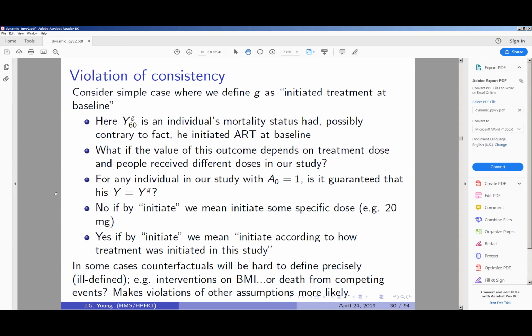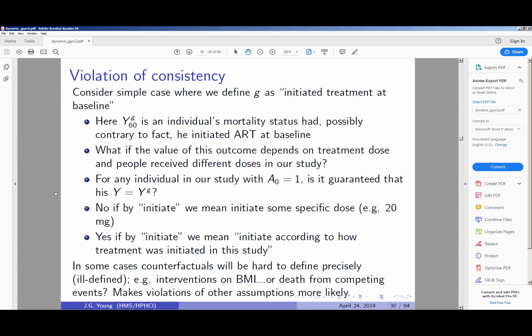But it's an assumption because the answer is no, if by initiate treatment, when we define G, we really mean initiate some specific dose of treatment, say 20 milligrams. By contrast, the answer would be yes, if by initiate treatment, we mean more precisely initiate according to how treatment was initiated in this particular study.